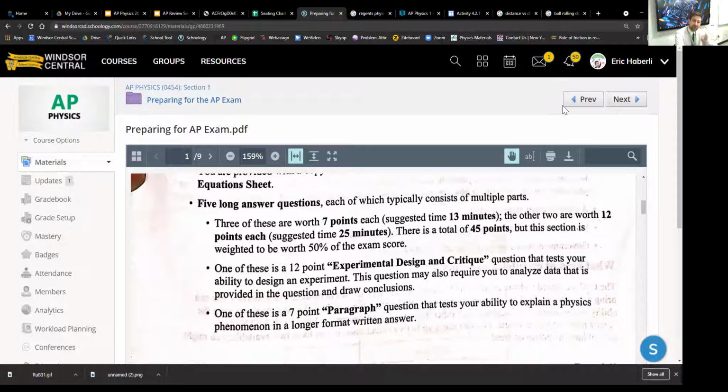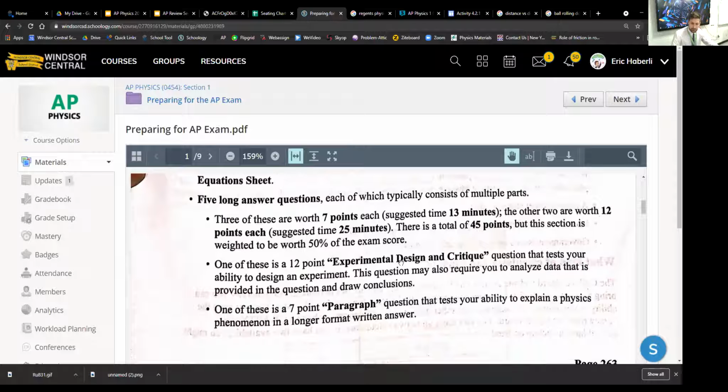You can spend all of your time on one of these 5 questions, but I don't think that would be a very good strategy. Now, adding up the points here, the short answer questions or the long response questions add up to 45 points, but those 45 points still count for 50% of your final grade on the exam.